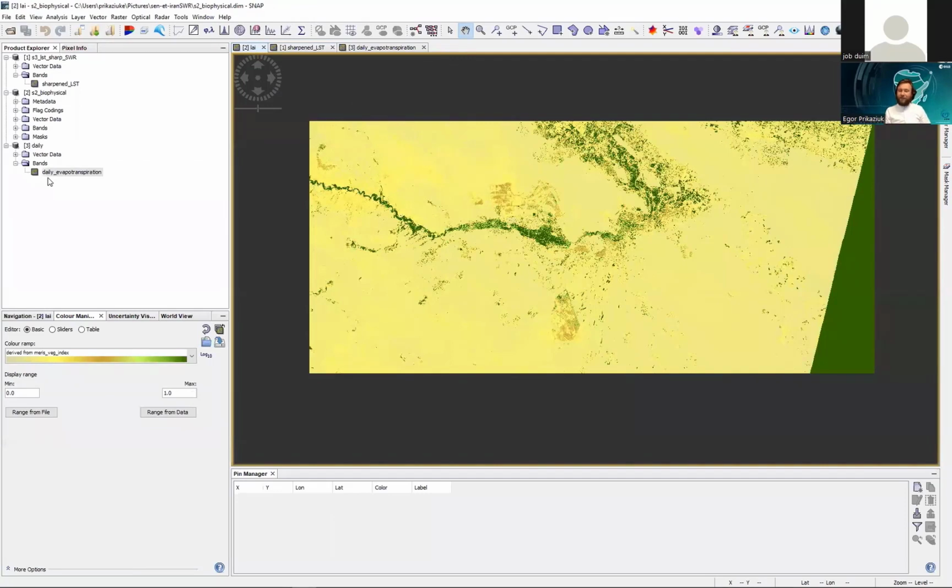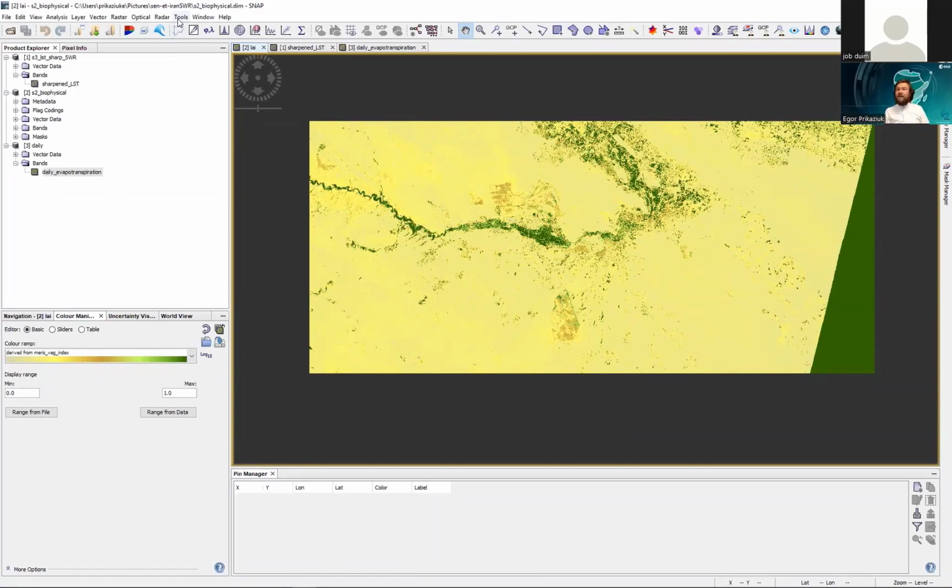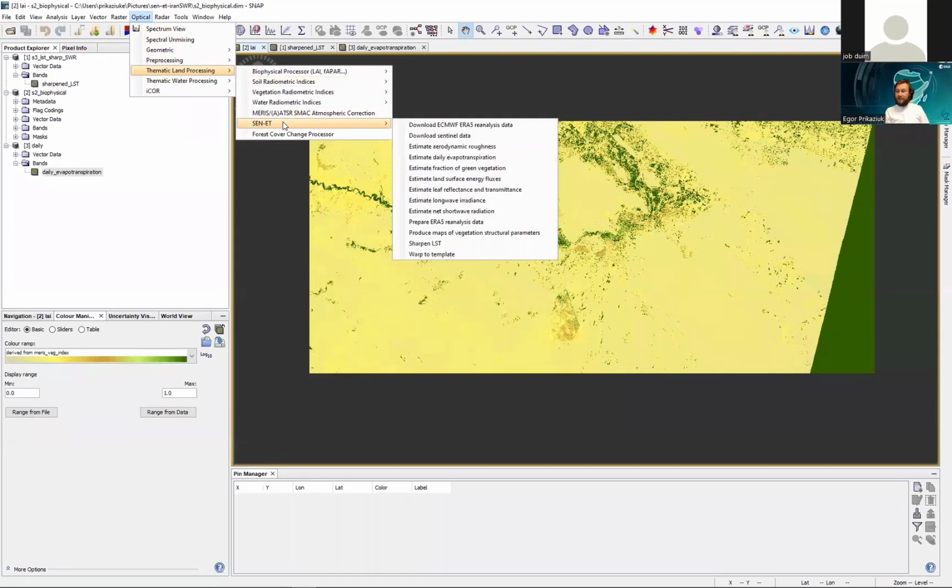These are some of the products that you may have. This is the interface of SNAP, the Sentinel Application Platform of ESA. If you go to Tools, Optical, Thematic Land Processing, Sen-ET, once you have installed it, you will have all the steps of the 15 steps I mentioned before.